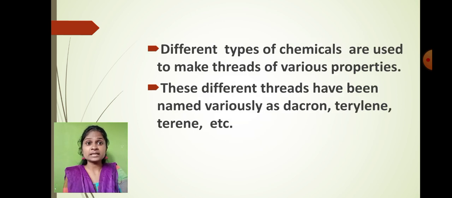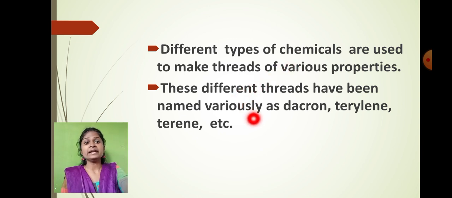Okay, here you can see that different types of chemicals are also used to make threads of different properties. For example, if you want to give color to the thread, or impart some strength or ability, depending upon the purpose for which you are going to use the thread, we use different types of chemicals.